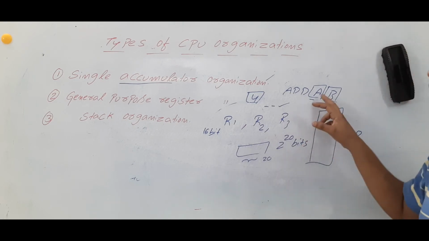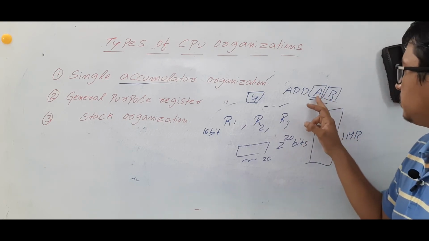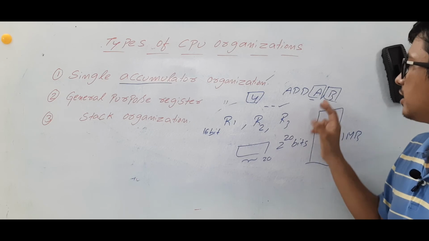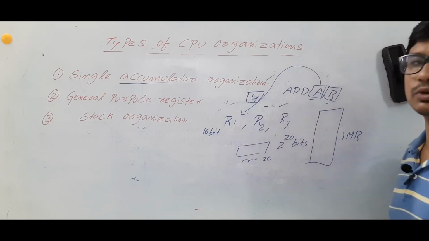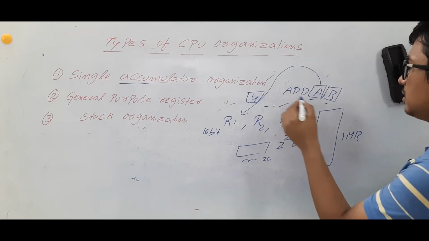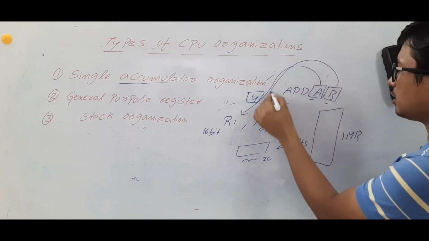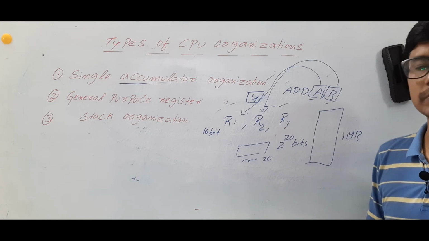So that's why, if the CPU wants to perform add A comma B, the operand A value will be stored in some general purpose register, and the operand B value will be stored in another general purpose register.